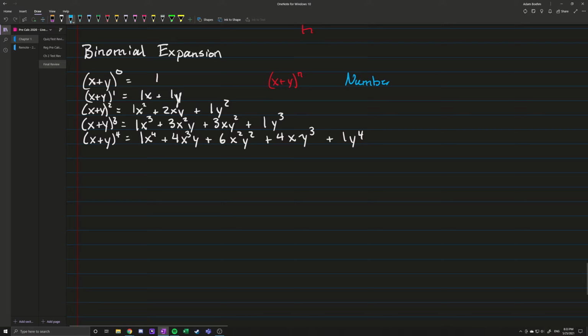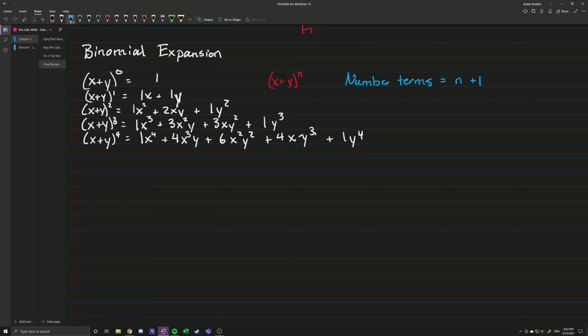If we're talking about x plus y to the nth, the number of terms we have is always going to be n plus 1. So in the 0 expansion, we have 1 term. In the 1 expansion, we have 2 terms. The 2 expansion, we have 3 terms. The 3 expansion, we have 4 terms, and so on.